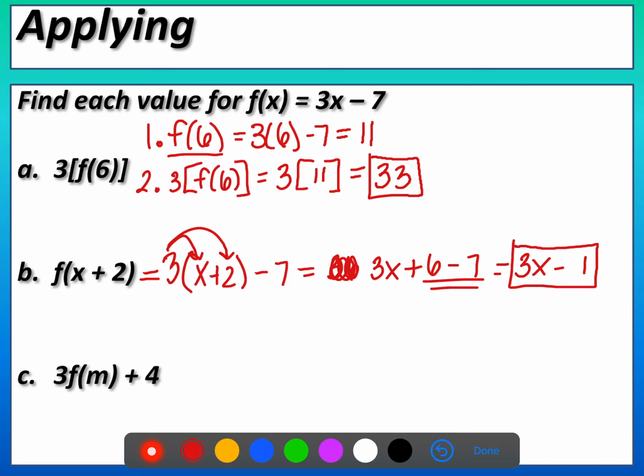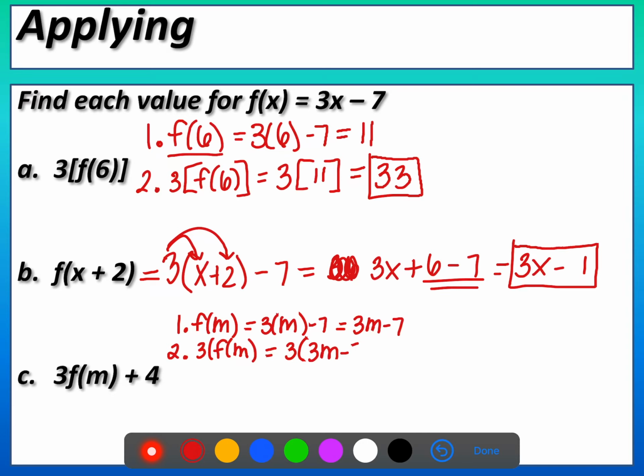Okay, same idea in part C. Instead of evaluating at a number, we're using a variable. And this one's going to be multi-step again. Okay, so I'm going to do f of m first. Okay, and then order of operations, I'm going to multiply by 3. Okay, which means I'm going to distribute.